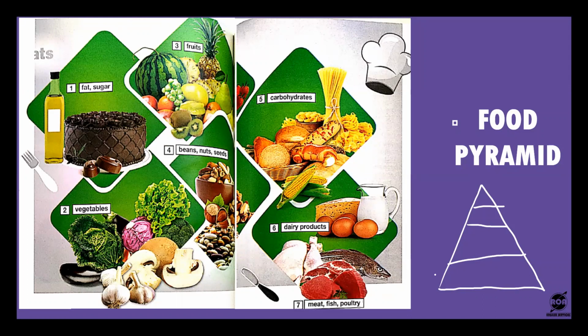For instance, right here, we have the carbohydrates. Right here, we have the vegetables and fruits. Right here, we have proteins, dairy products, and on top, we have fat and sugar. As you can see on these pictures with images describing examples of these elements.